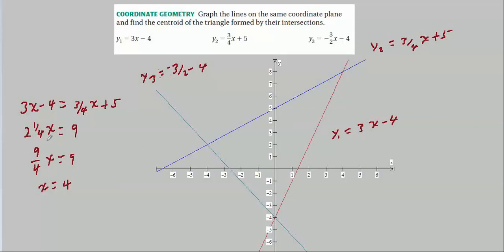Now, if x equals 4, we can put that into either one of these lines. This looks easier. And we'll get our y-coordinate. So, we got 12 minus 4, which is 8. And that makes sense. So this is the point 4, 8.